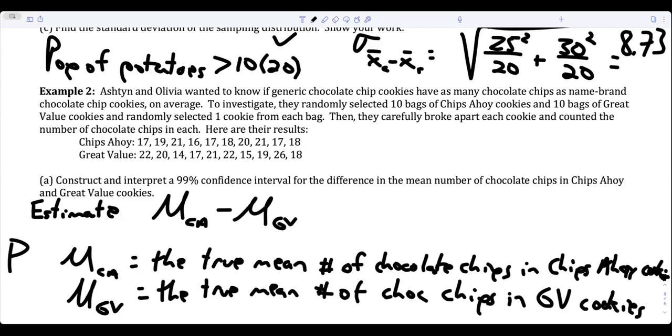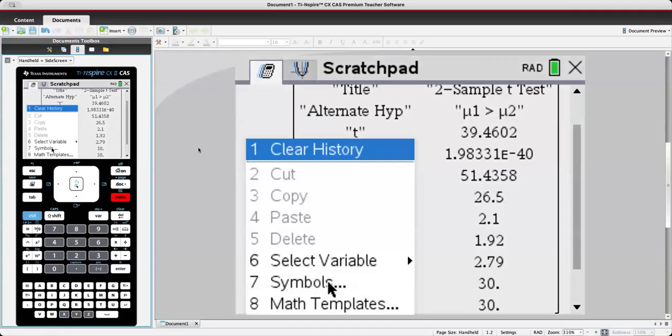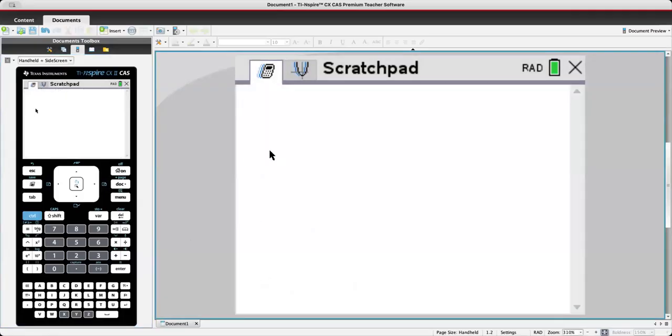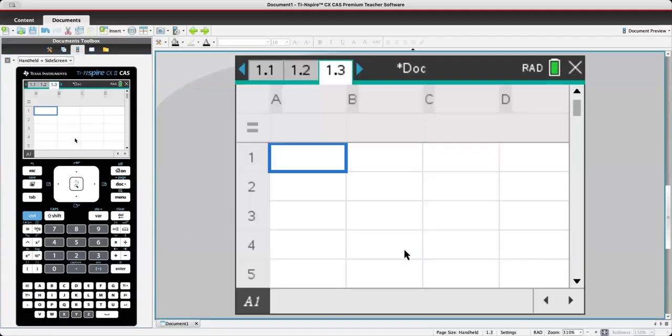So I need you to take your calculator here. And let's go to the spreadsheet. And let's put our data in.